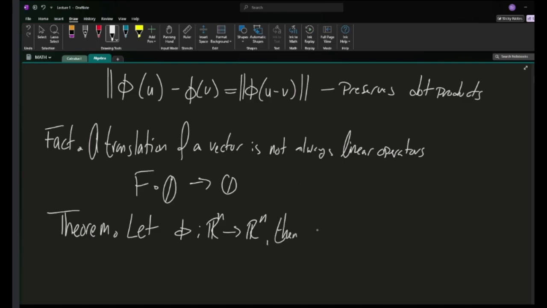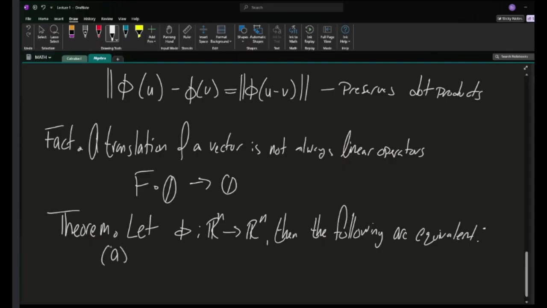Then the following are equivalent. Our statement A says that phi is an isometry that fixes the origin.